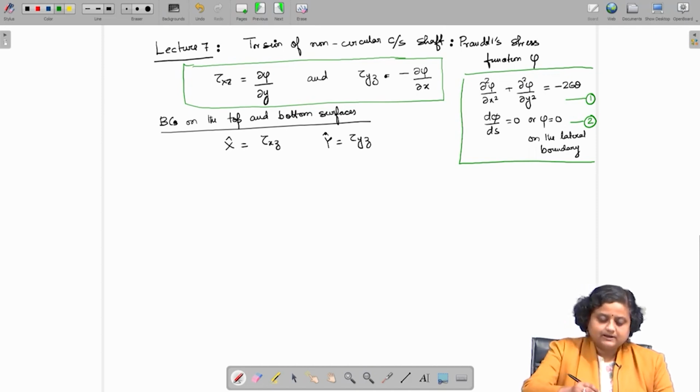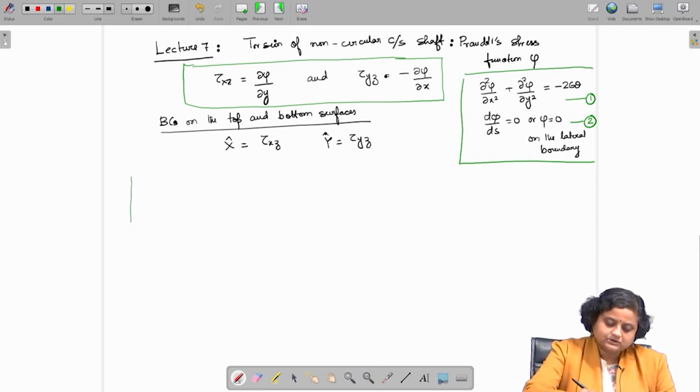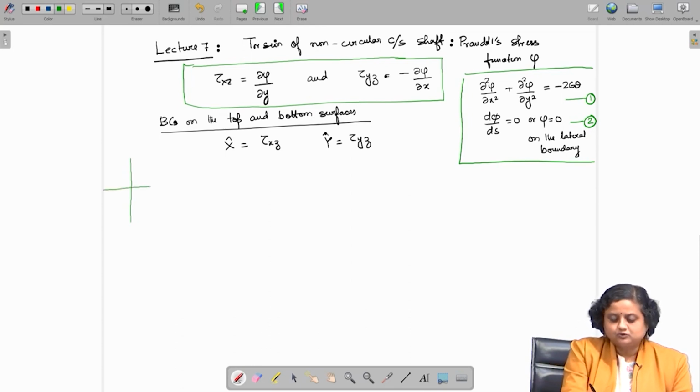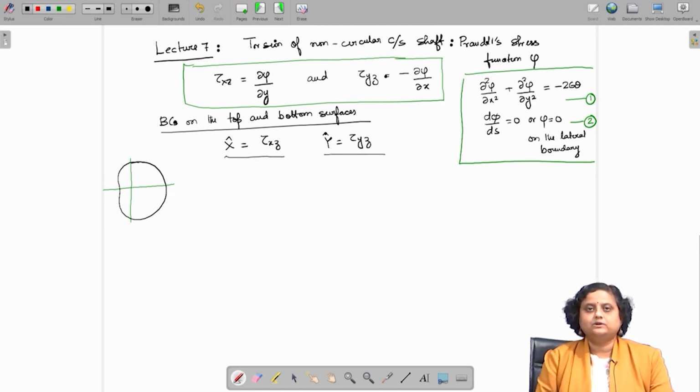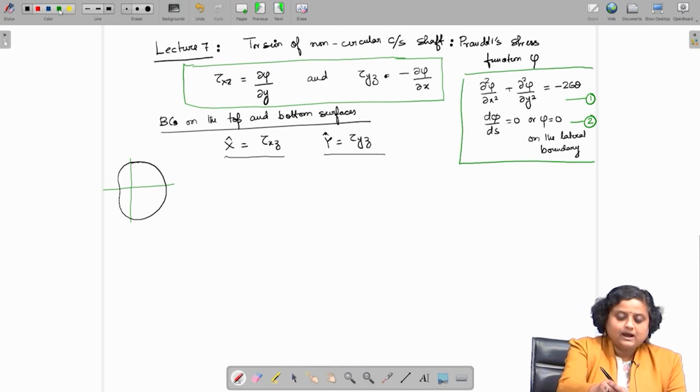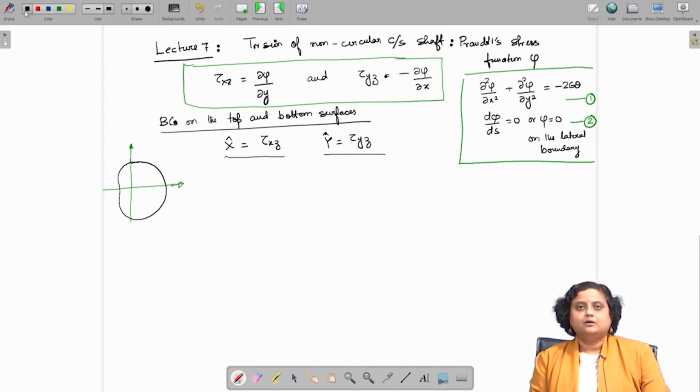But for a generalized cross section, it is not so obvious that the resultant of x hat and y hat, where x hat is of this form and y hat is of this form, is going to be 0. So, we are going to prove that they are going to be 0. Let us proceed with the proof.